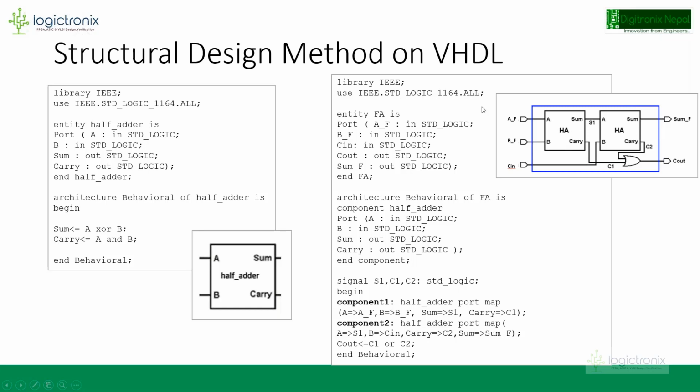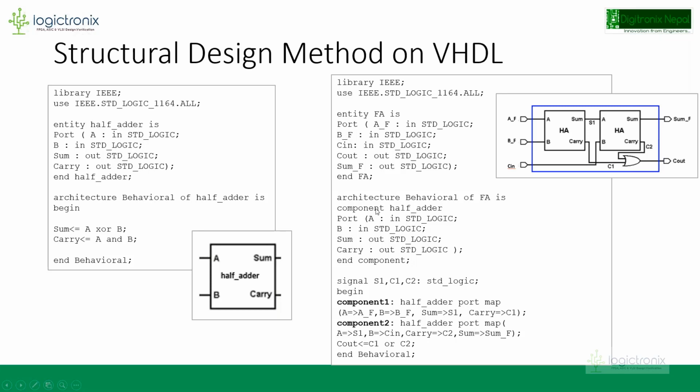So let's see the entity section. The entity section is the port declaration section where we declare our A, B, C in as 3 inputs, and C out and sum for sum and carry. So these are the ports, and the next section, the third section, is the architecture.